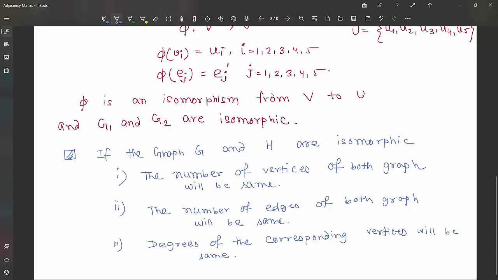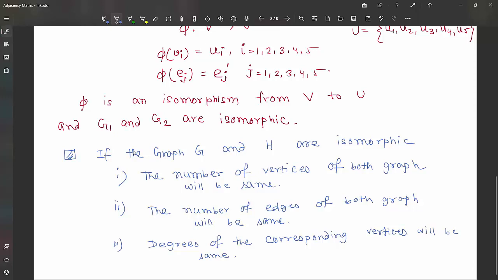So these are the three properties. If G and H graphs are isomorphic, then these three obviously hold. So if any of these conditions fails in your given graphs, then you can say that your graphs are not isomorphic.